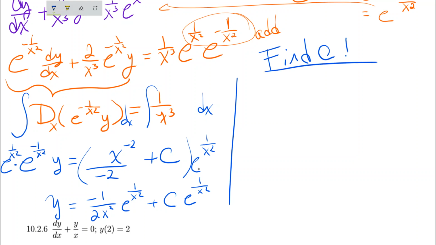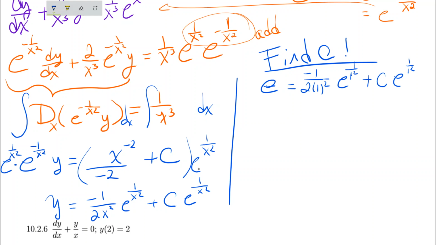So that initial value was that y of 1 is equal to e, which means y is e when x is 1. So e equals, I'm replacing y with what it's equal to, negative 1 over 2 times 1 squared, e to the 1 over 1 squared, plus c e to the 1 over 1 squared.